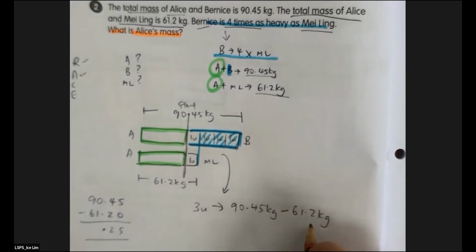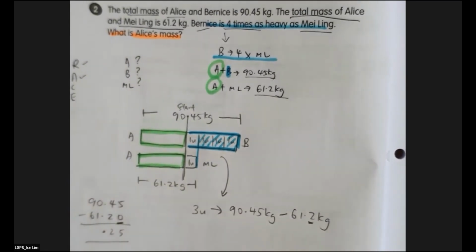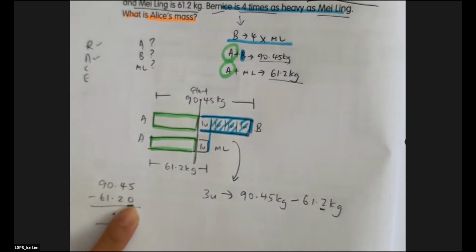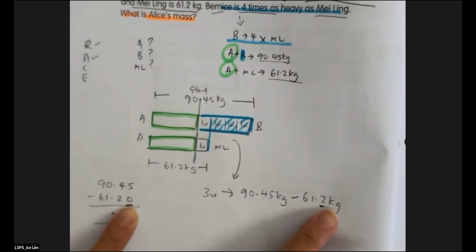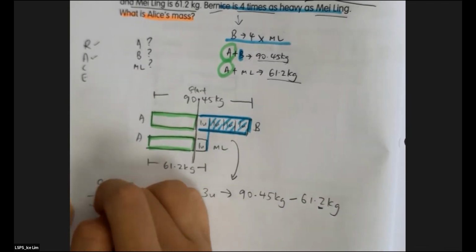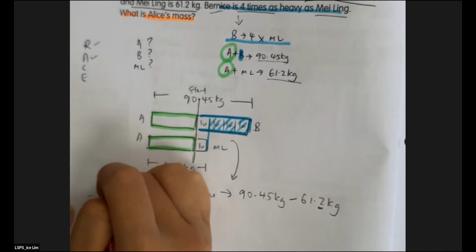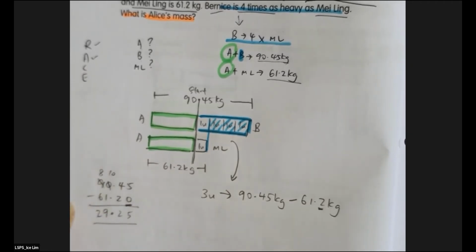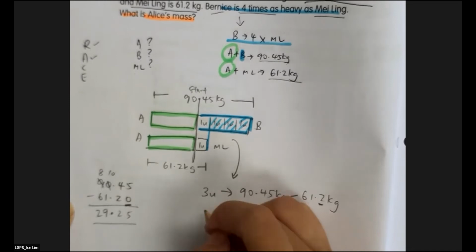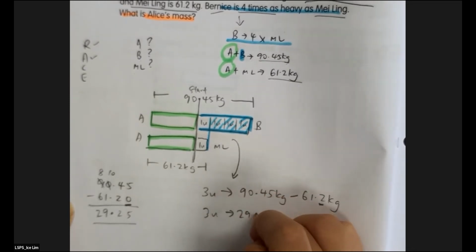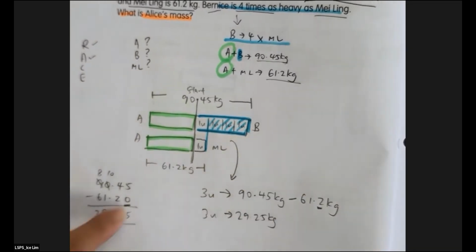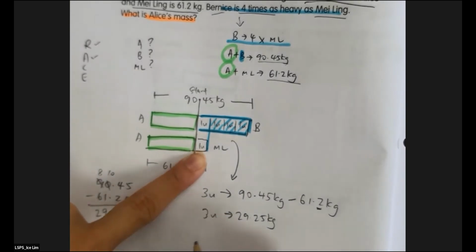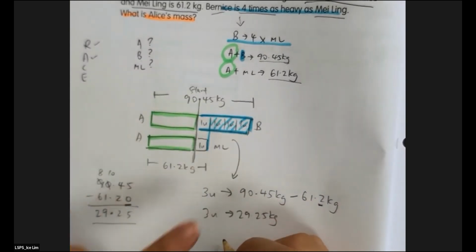Remember, you see, 1 decimal place. So by now, it's kind of automatic that I put in the second decimal place. Okay, so 3 units will be 29.25 kilograms.